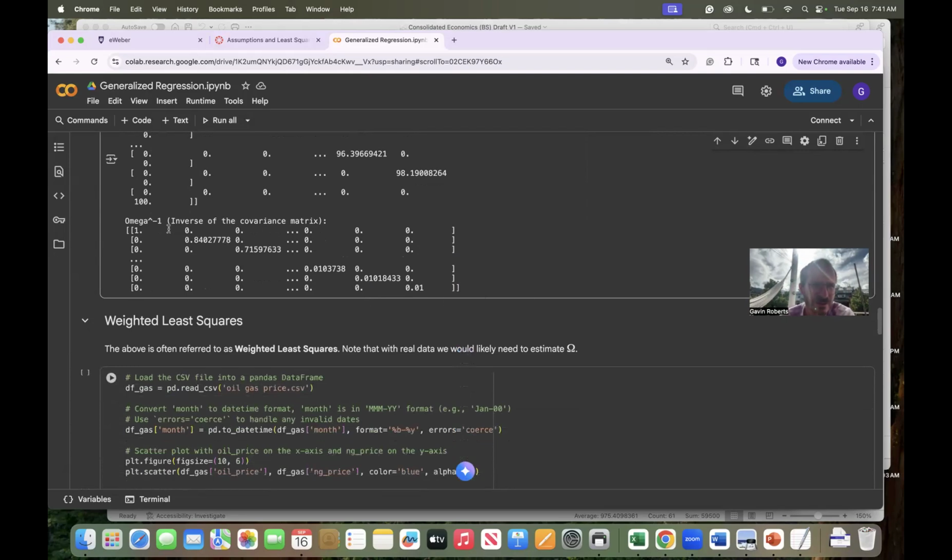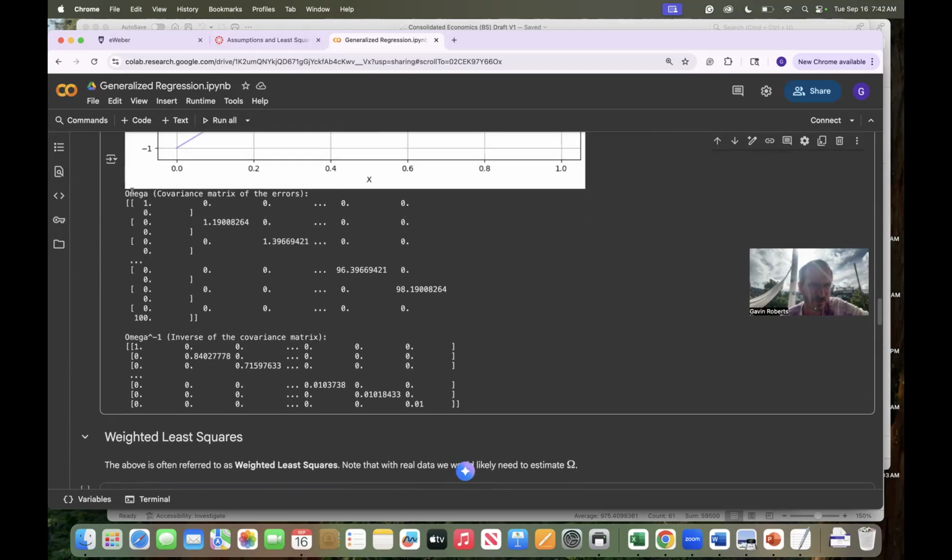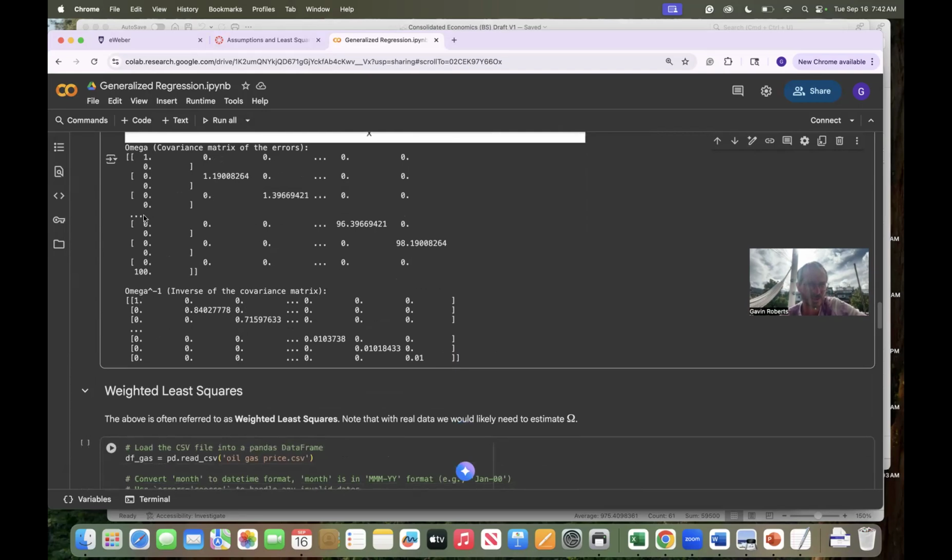In my simulation, I didn't do autocorrelation. But if we look at the omega inverse, you can see this is still 1 because that's just 1 over 1, but now we have 1 over these numbers. So you can think of this as the weight of the last observation.